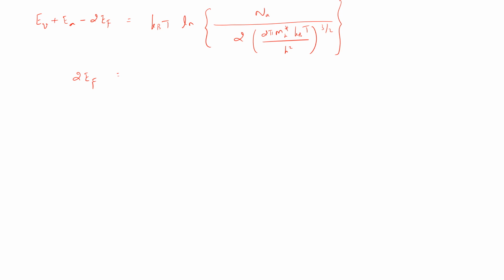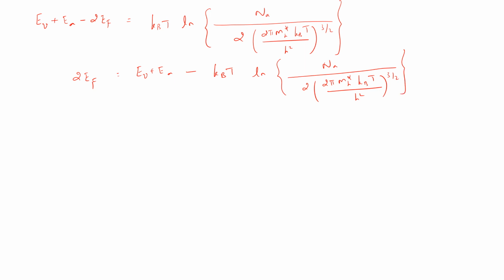So what will happen? I am taking 2EF to the other side, so it will become plus 2EF, and write the rest of the terms in such a way that EV plus EA then minus KBT ln NA divided by 2 into 2 pi MH star KBT divided by H square whole power 3 by 2.